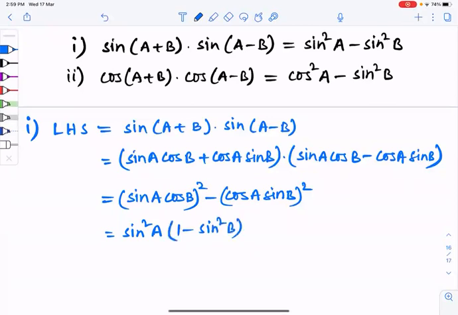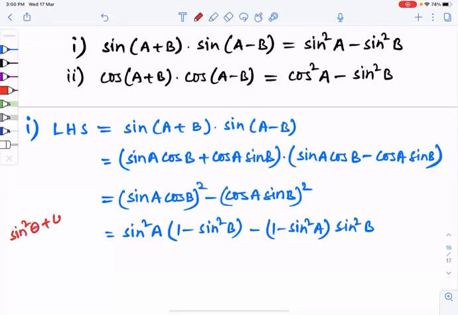This is also coming from my identity. Minus cos²A is 1 minus sin²A into sin²B. How did I get this? I will write here beside that: sin²θ plus cos²θ is equal to 1. By using that, we have got this.